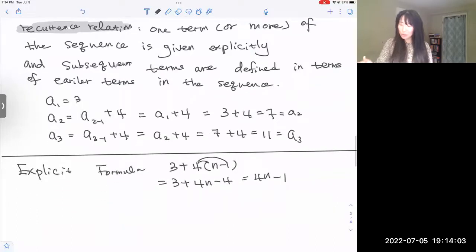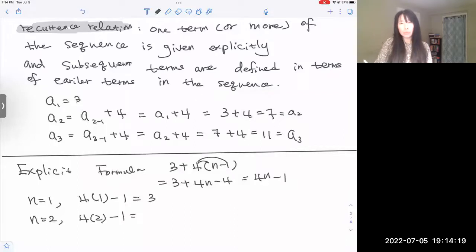Okay, let us do this. When n equals 1, for 1 minus 1, what do you get? Yes. It's 3. Then for n equals 2, 7. For n equals 3, 11.